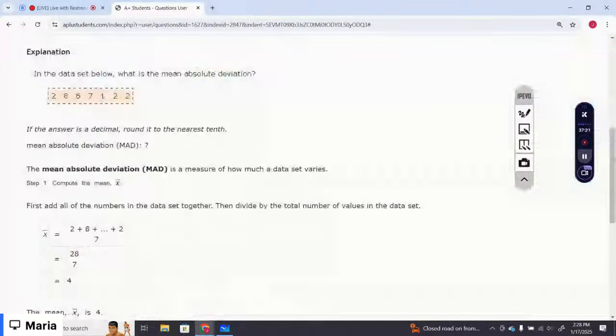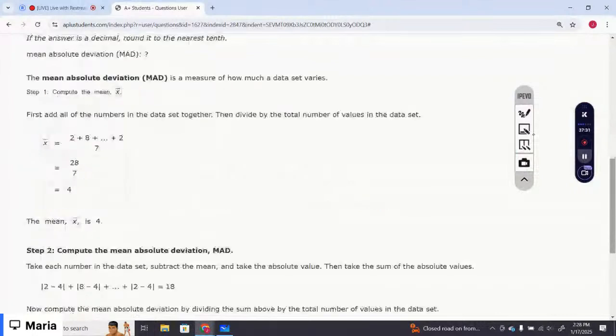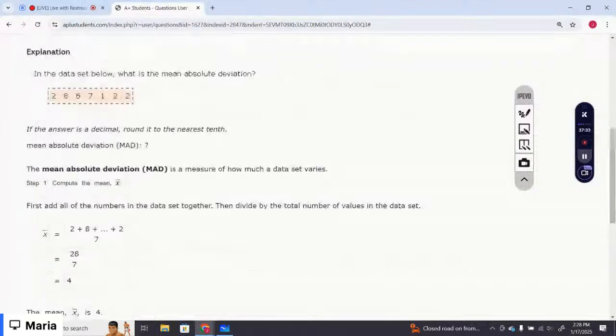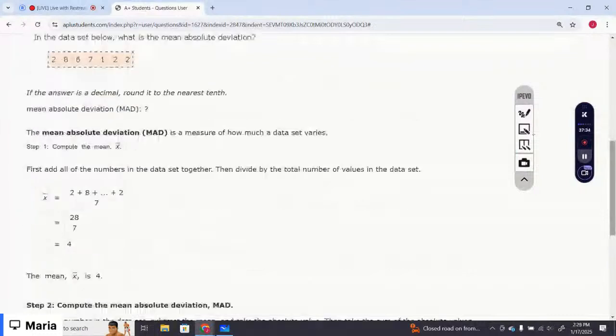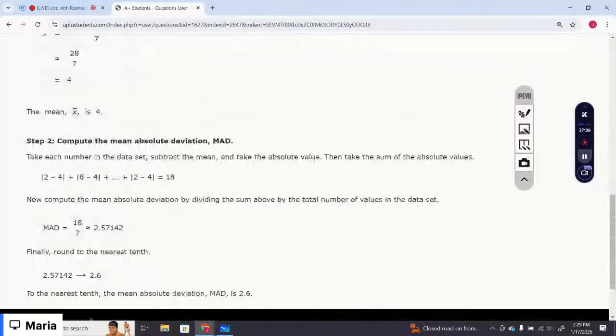The first thing you need to do is calculate the mean: add all the numbers and divide by the number of values, that is 7. The mean is 4. Subtract every number from the mean and calculate the absolute value, then divide by the number of values.